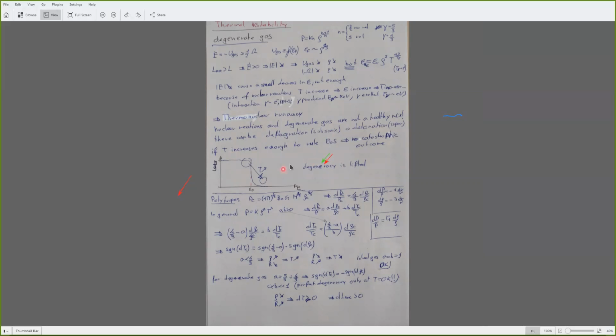In fact, the increase in temperature is so high that it starts to go quickly toward all the other reactions.